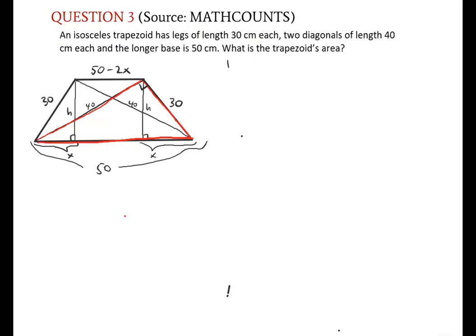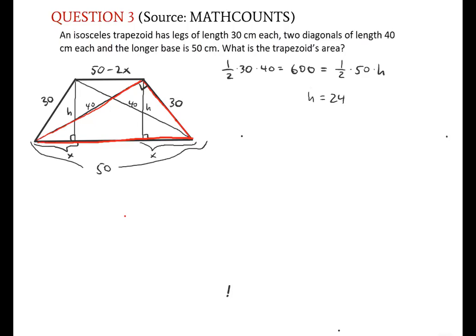And that's just half base times height. So half 30 times 40, which is 600. And this red triangle's area can also be written as 1/2 times 50 times h, and we can solve for h. So we know that h is 24.